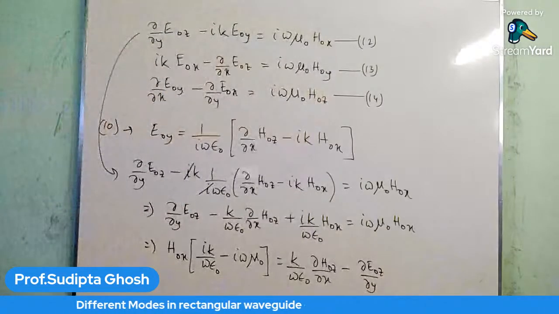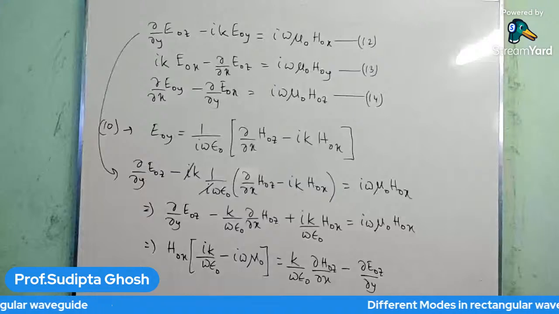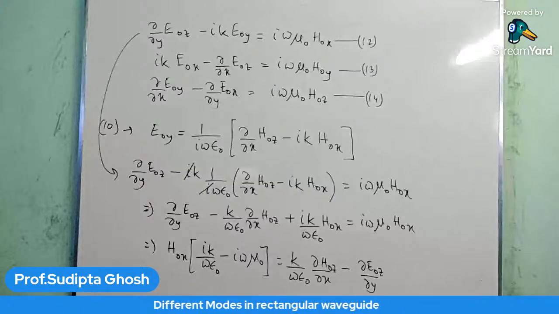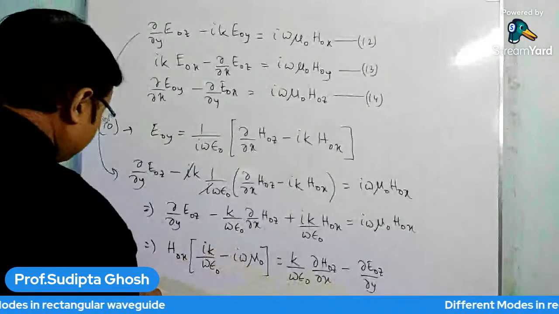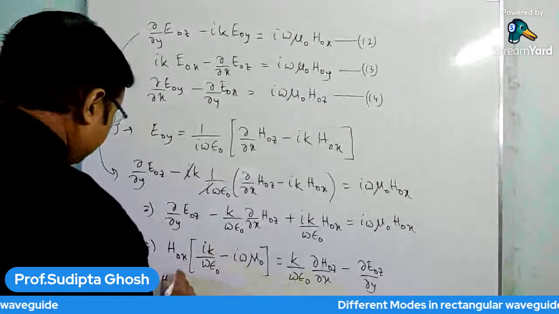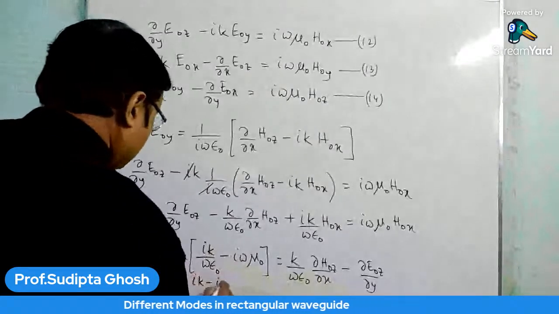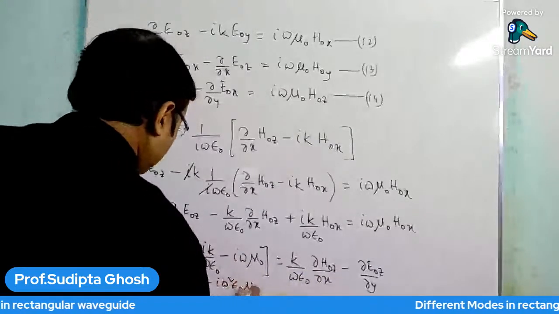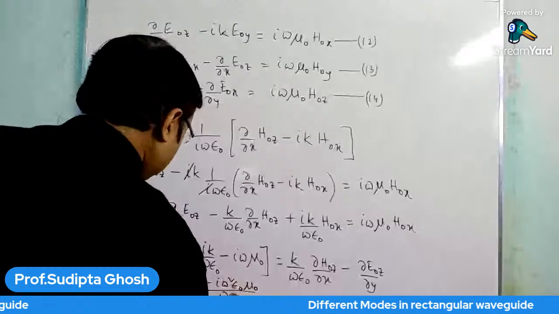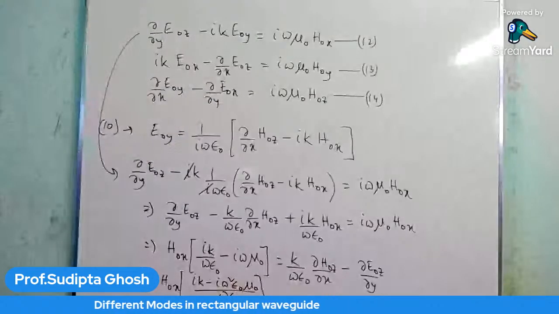So I am just moving these terms from the left hand side to the right hand side of this equation, and now just simplifying this, we have HOX, and then IK minus i omega square epsilon 0 mu 0, by omega epsilon 0.